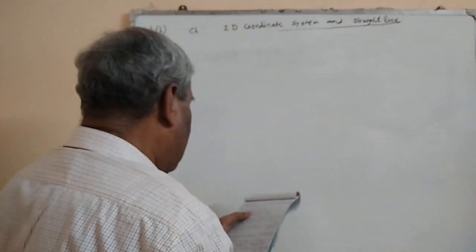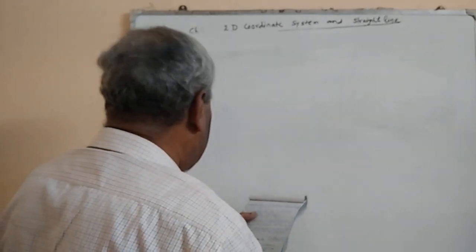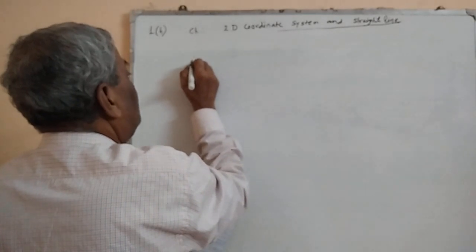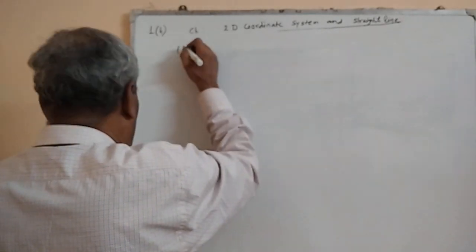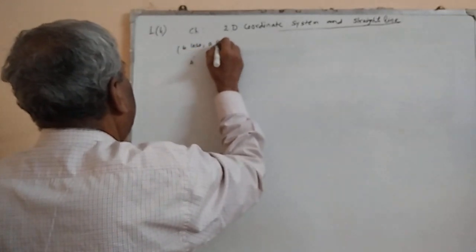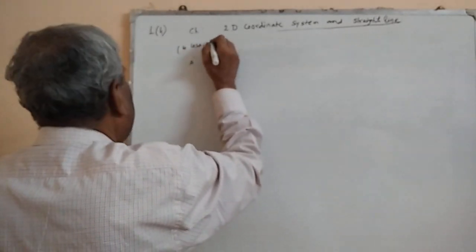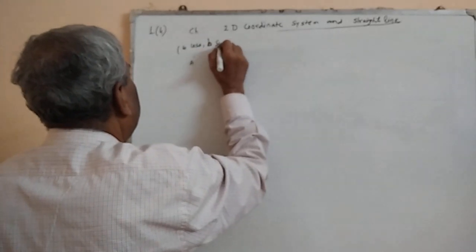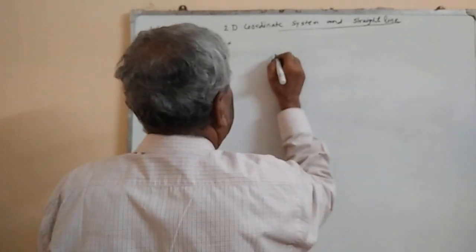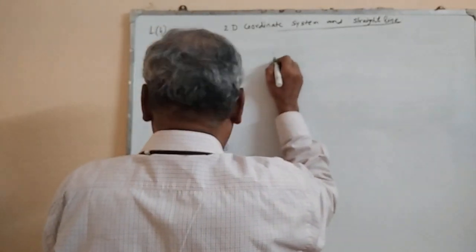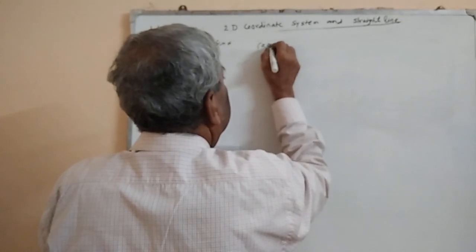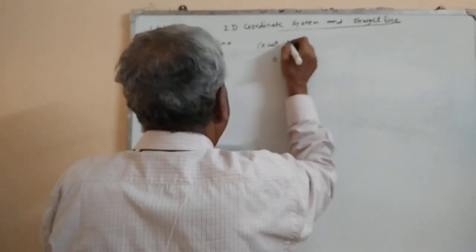The point A is B cos alpha, A sin alpha. Oh no, it is B sin alpha. B is the point A cos beta, A sin beta.